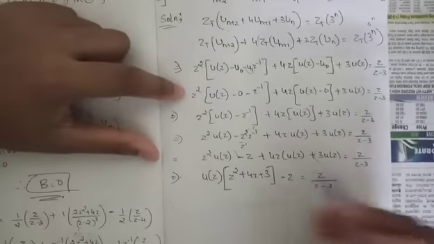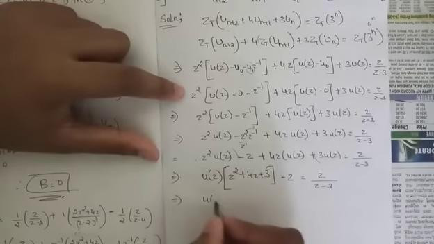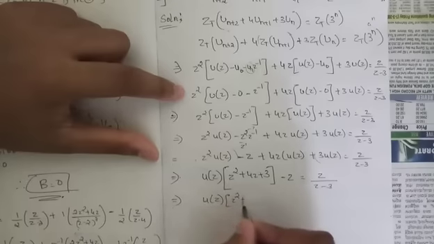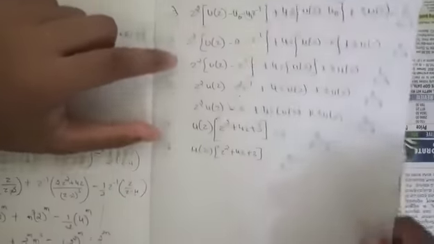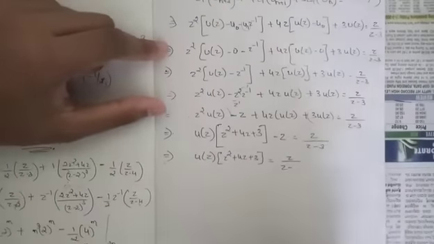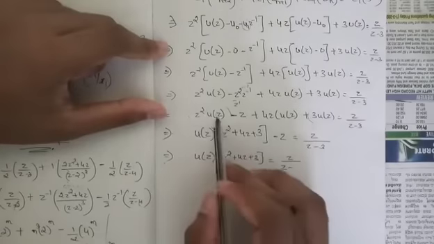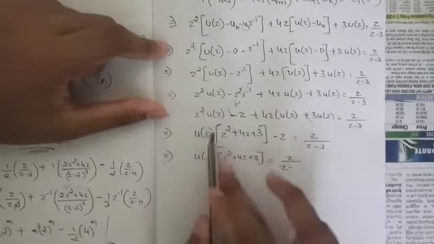So bring this minus z to the other side. As per the procedure I am following, at last we need to get u of z equal to some term. That's why I am doing this. You need to know this here. See, in these three terms u of z is common. I have taken it outside.